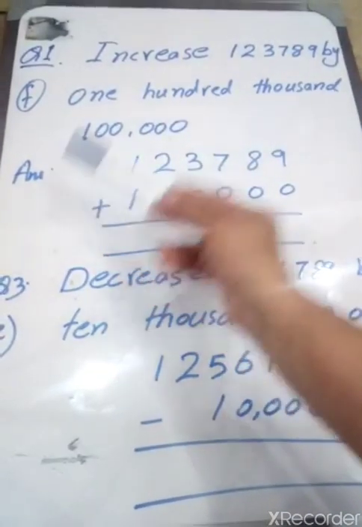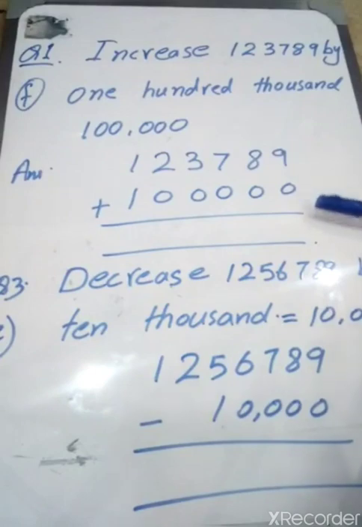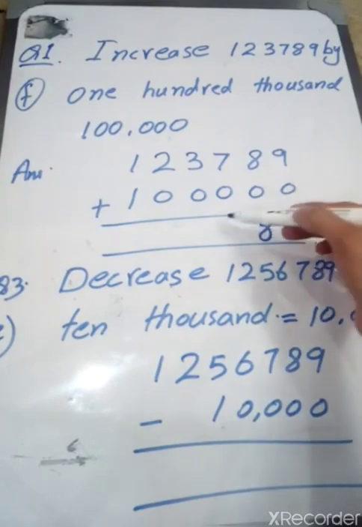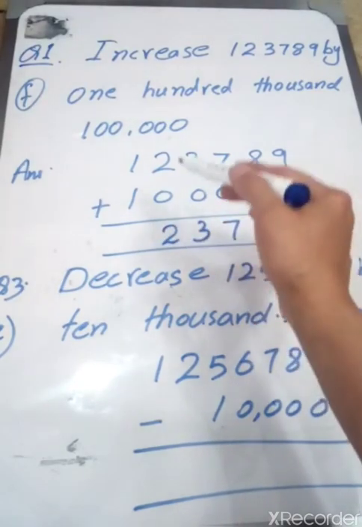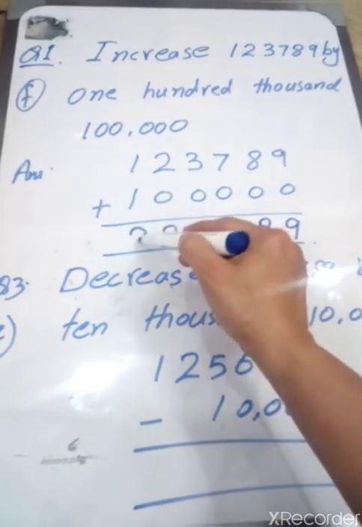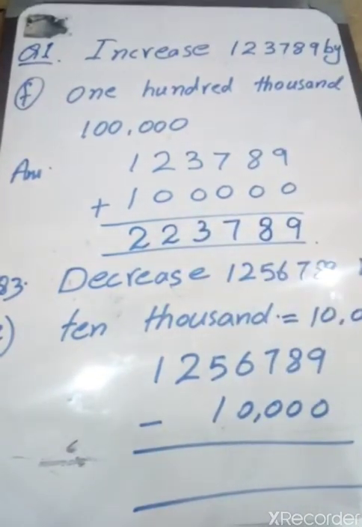Then write the answer and make a sum here like this and add it as an increase. When we add, our answer here is 223789. So that's how we solve our increase question.